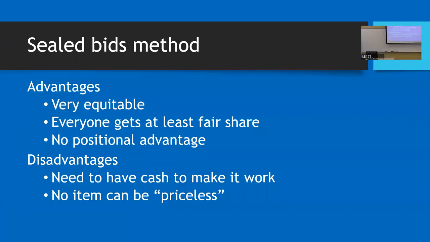And there's this other bullet point, and this other bullet point is really not unique to this method. But no item can be priceless. If, for instance, Matt, Jordan, Rachel were also bidding on who gets to take care of a foster kid who's in the house when our mom died, you'd say, man, that's really weird to be bidding money amounts on a foster kid, right?